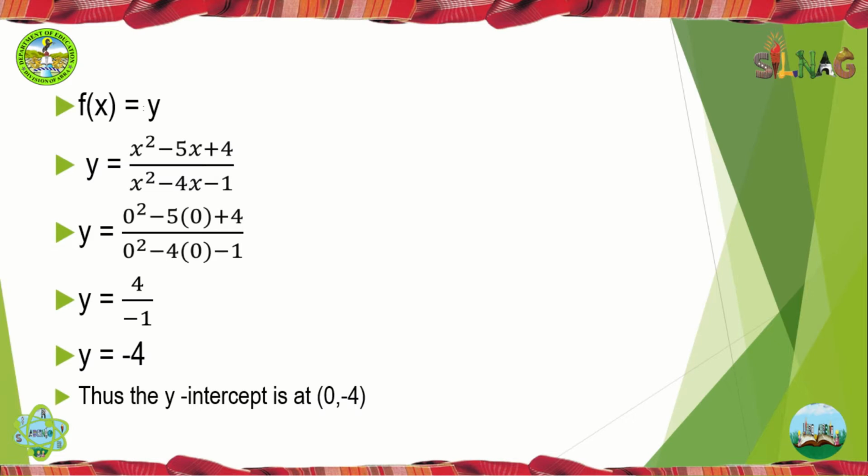Then we simplify the right side. 0 minus 0 plus 4 is equal to 4, over 0 minus 0 minus 1 is equal to negative 1. Then 4 divided by negative 1 is negative 4. Thus the y-intercept is at 0, negative 4.